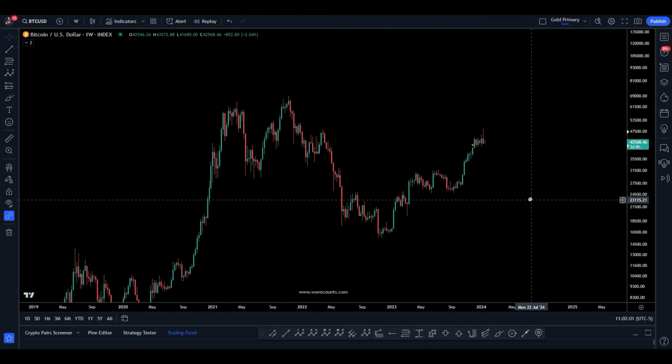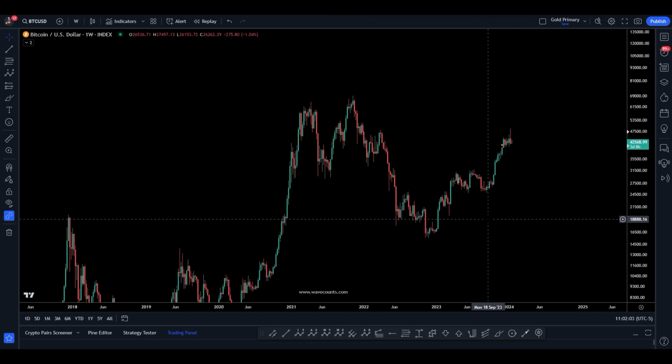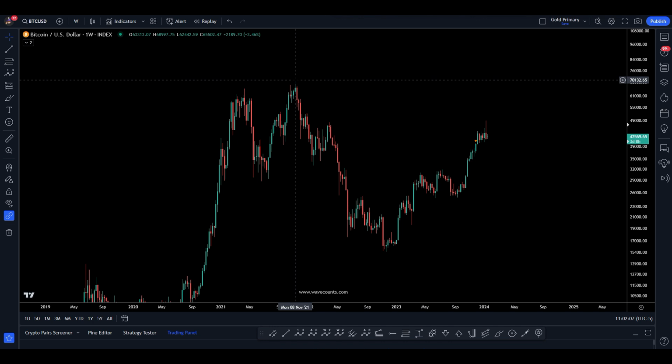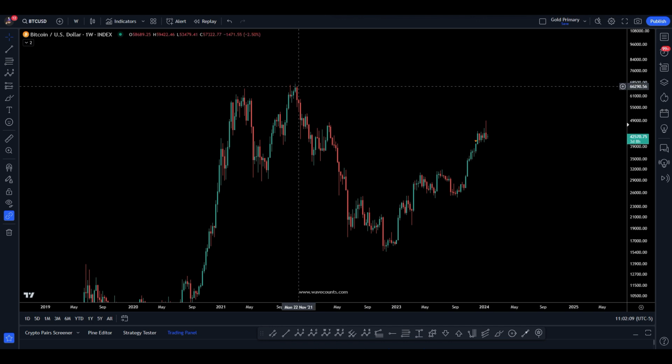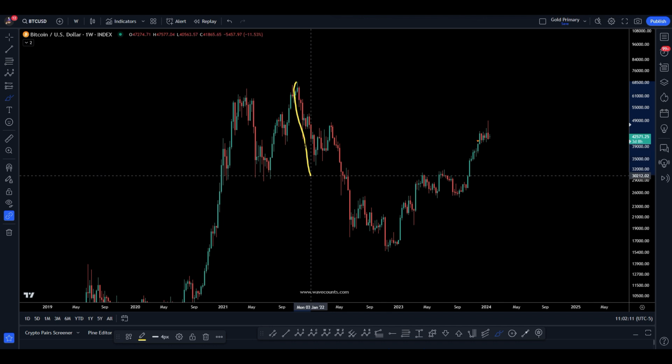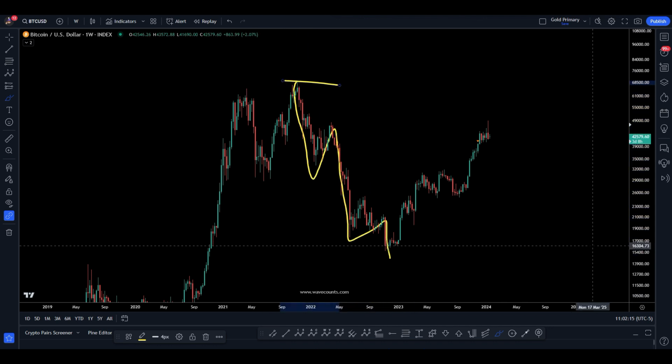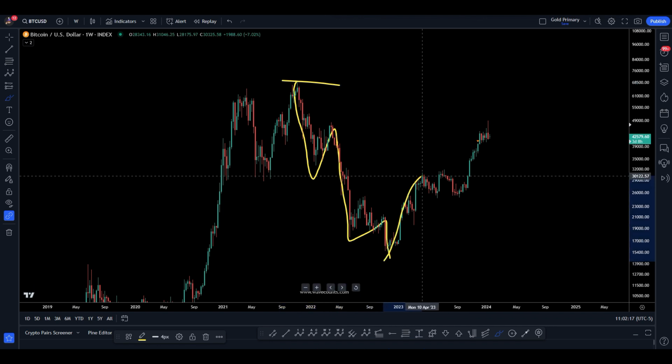Okay? Now, from an all-time high, you have 5 waves down from an all-time high. And you have 3 waves up after 5 waves down.